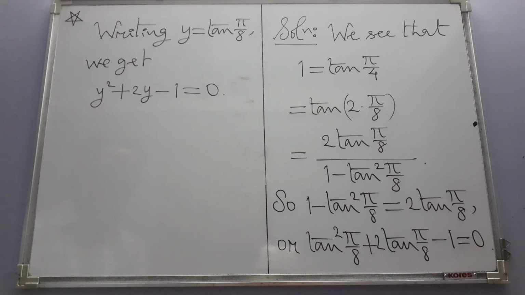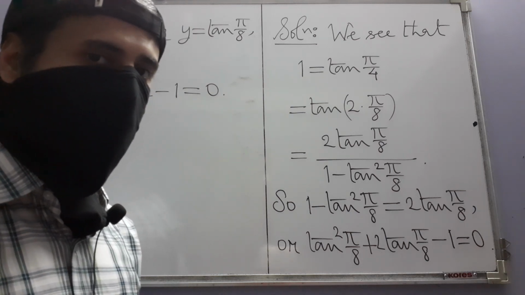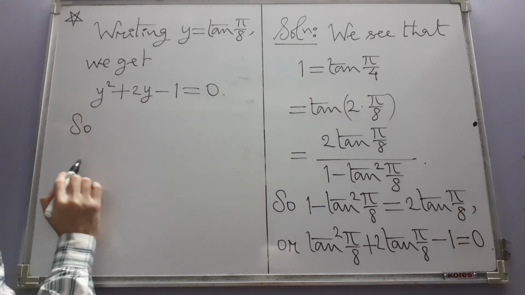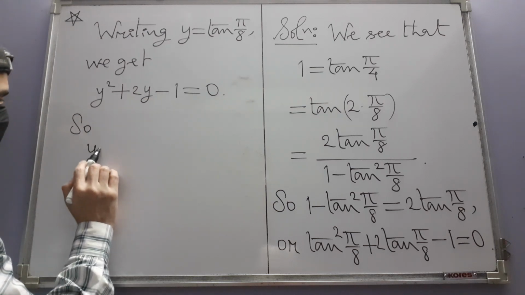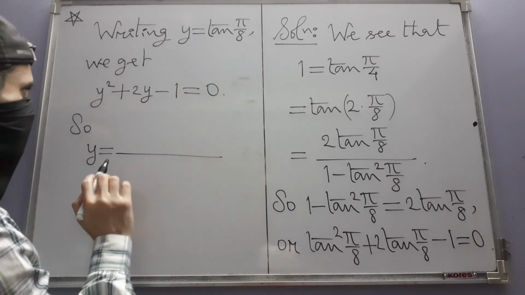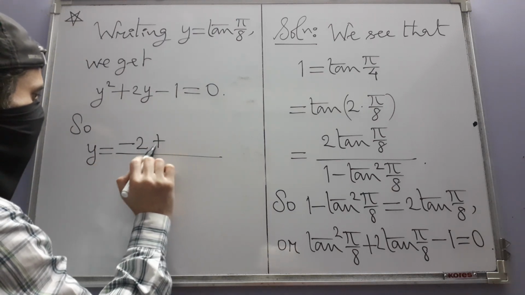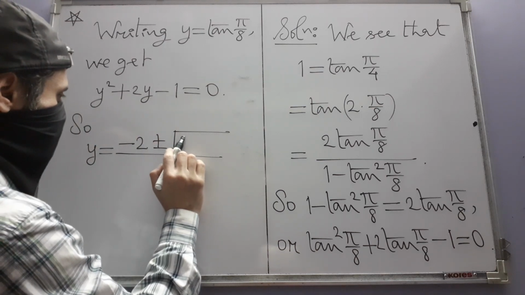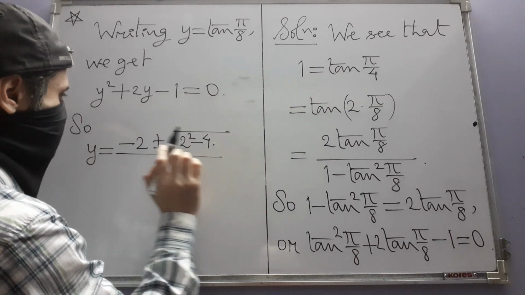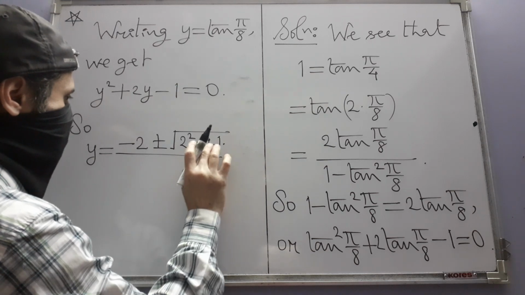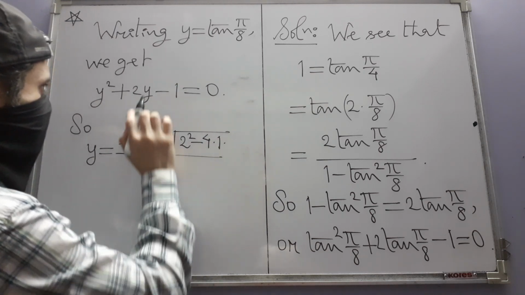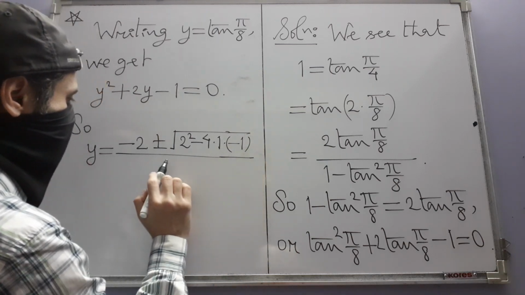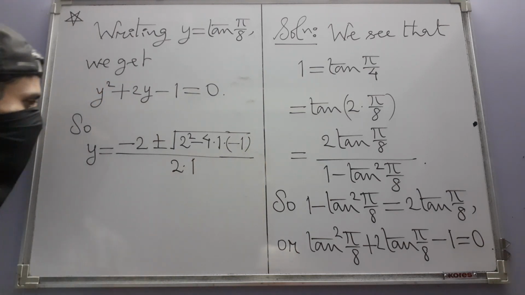Now you can find the y values by using the quadratic equation formula. So y equals your usual formula, minus 2 plus or minus, because this is b, 2 square minus 4 times a times c, c is minus 1, divided by 2 times a, 1.